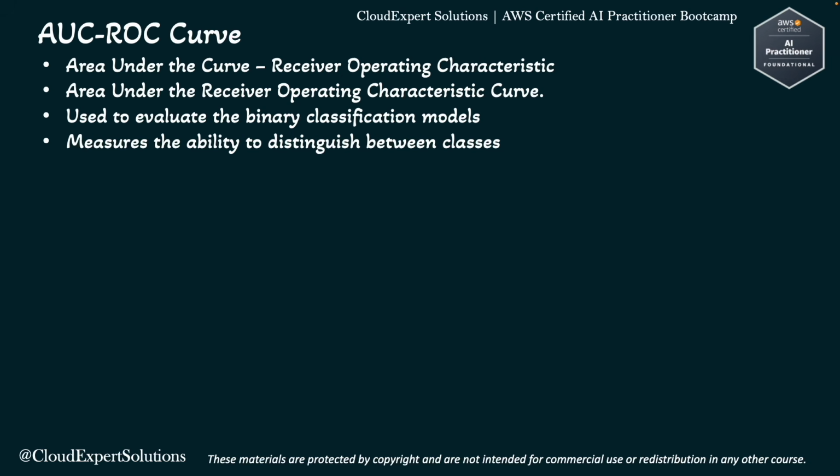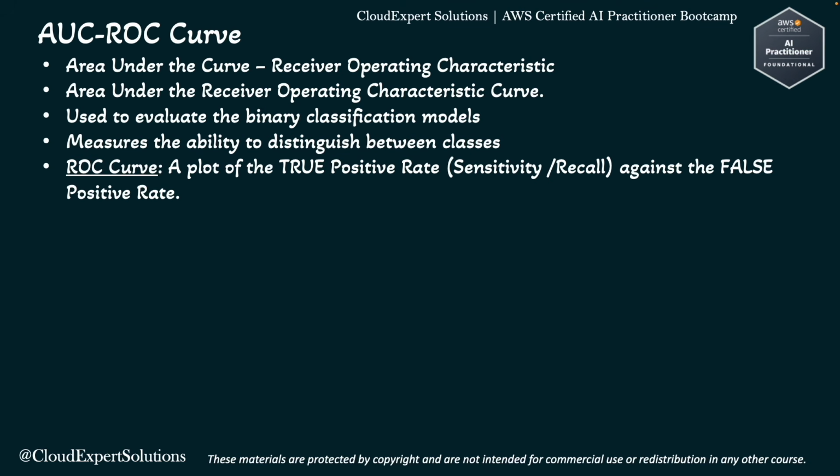Now let's break down what is area under the curve and what is ROC. We'll start with ROC curve. ROC curve is a plot of the true positive rate or sensitivity against the false positive rate at various threshold settings.